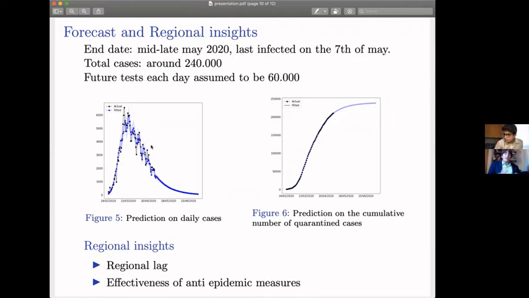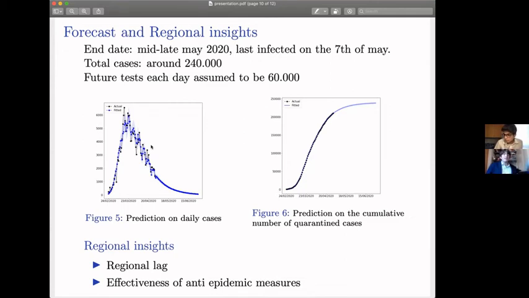Now, breaking down the numbers on a regional level, the results found at the beginning of April were very interesting, and ex post, we can confirm they are validated by the data. In particular, we found widely varying predicted end dates across the regions, with a lag in the dynamics of the outbreak caused by a delay in start date.